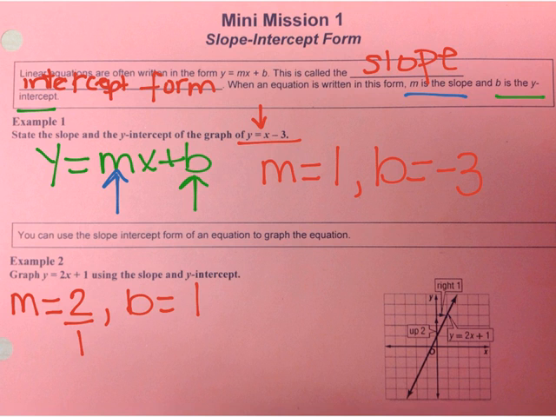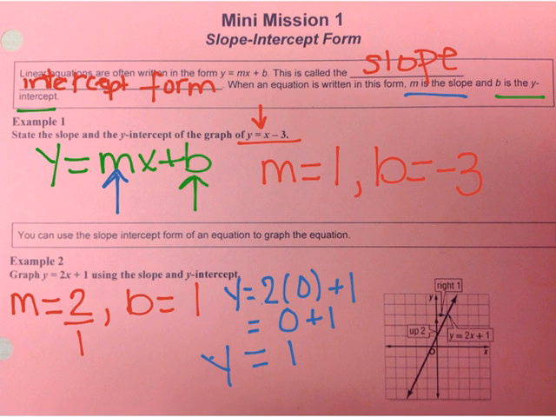So if we substitute in a 0 for x, and we solve this equation, we should get 2 times 0 plus 1. 2 times 0 is 0, and 0 plus 1 is 1. So whenever our x is equal to 0, my y value is going to be equal to 1.